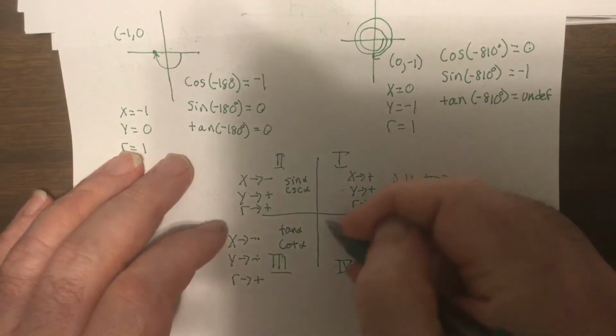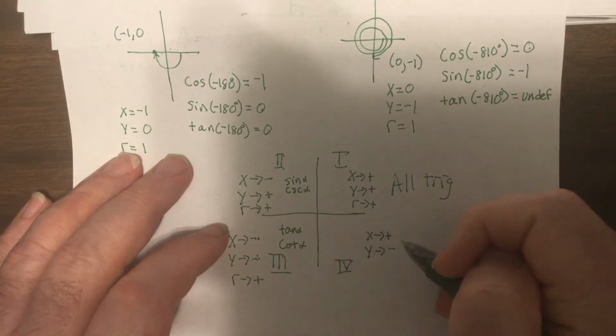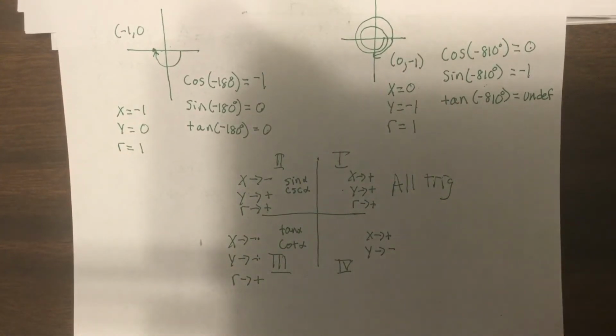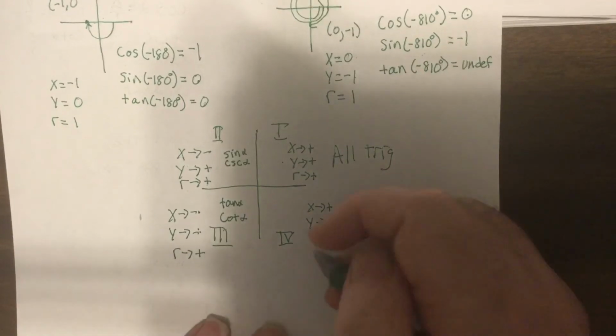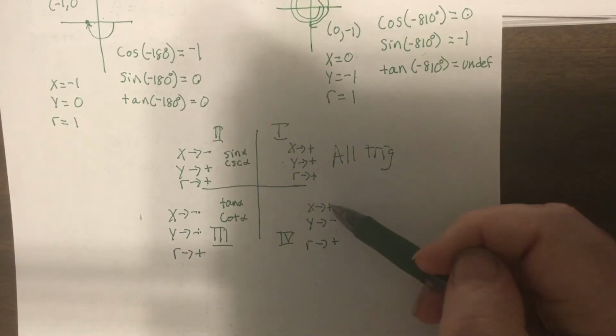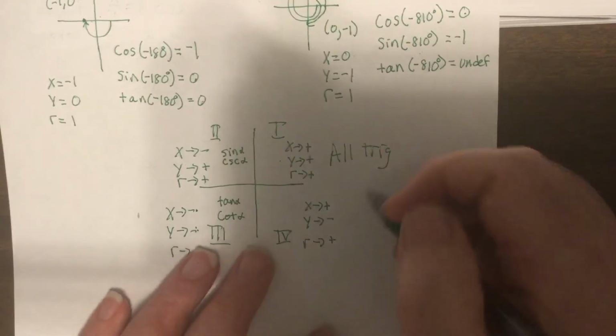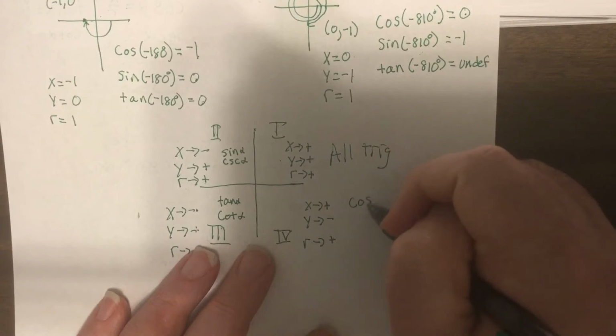Then the last one, x is positive and y is negative. And r is always positive. Did you see that one coming? So anything with x and r would be positive because two positives make a positive, and that would be cosine or secant.